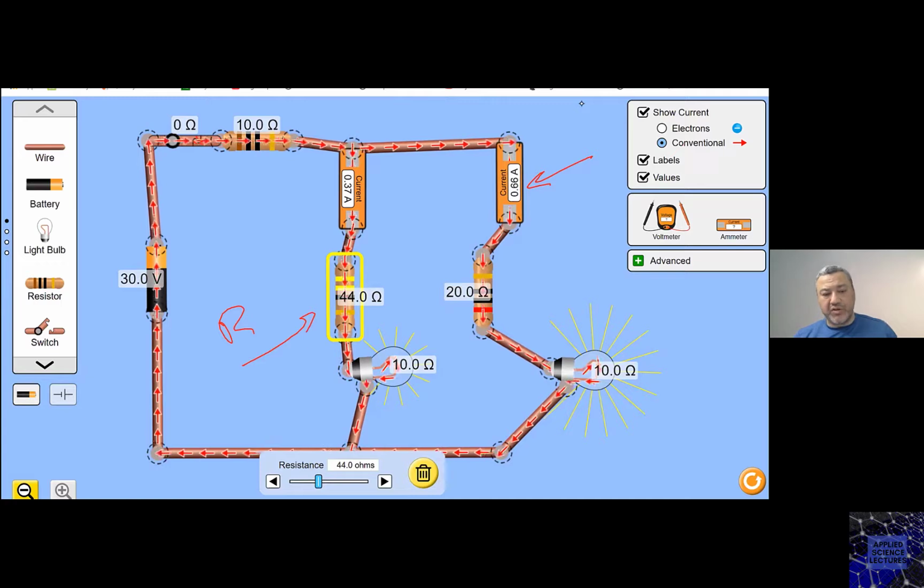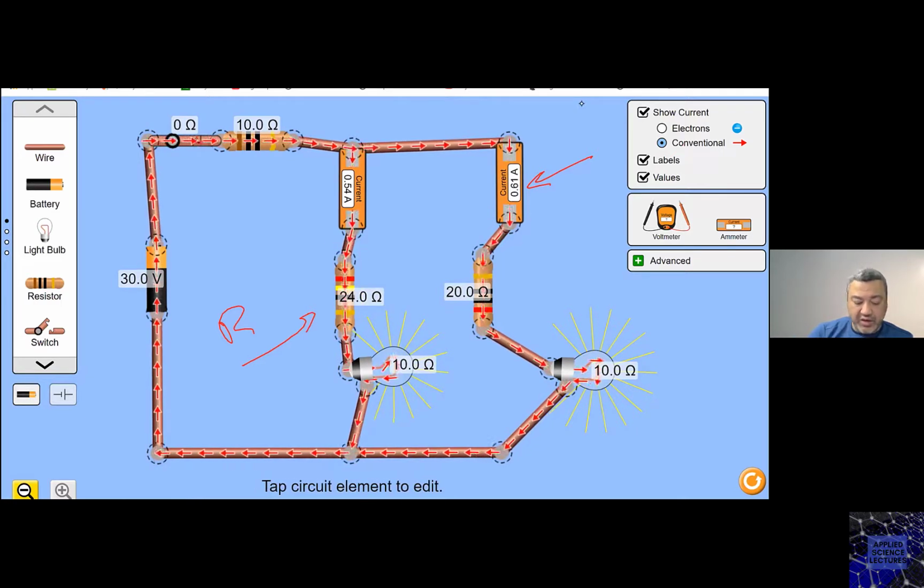Why is the current going to change? The current is going to change in the second branch because the change in the resistance in the first branch affected the total current withdrawn in this resistor, which means the voltage drop across this resistor will also change, which means the voltage drop across those two branches will also change.